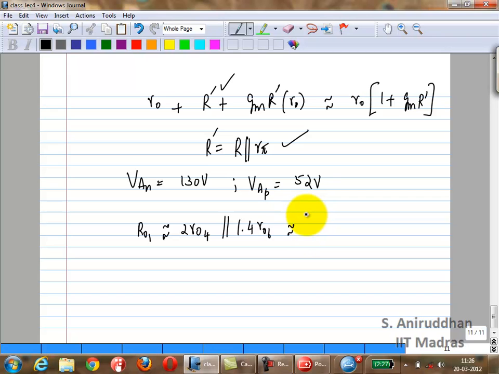You get something like this. On one side you have 2 RO4. On the other side you have 1.4 RO6. 1.4, is that right? So you calculate the 1 plus GM R prime and so on.